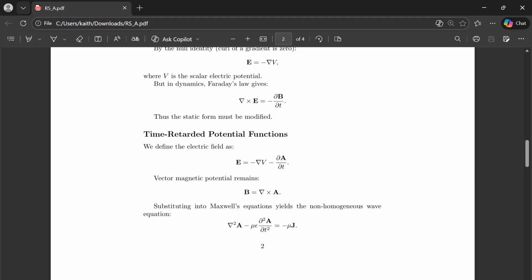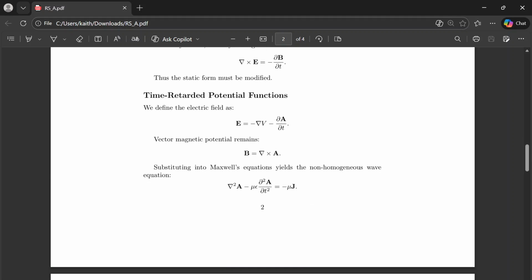The new electric field is given by this equation, and the vector magnetic potential remains the same for both statics and dynamics. But for the time retarded fields, the electric field gets changed, and the magnetic field remains the same. We substitute both equations in Maxwell's equations, which yields the non-homogeneous wave equation given by this.